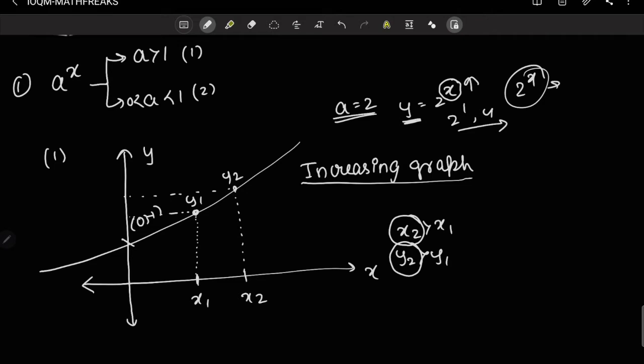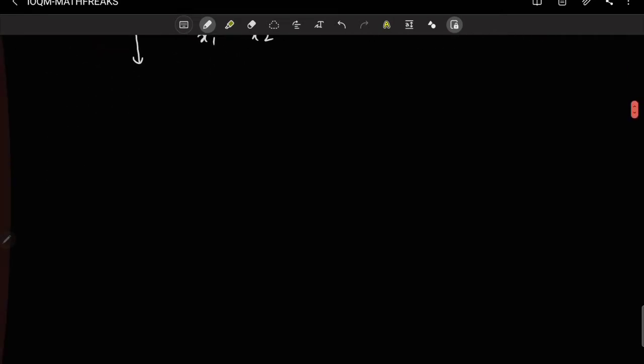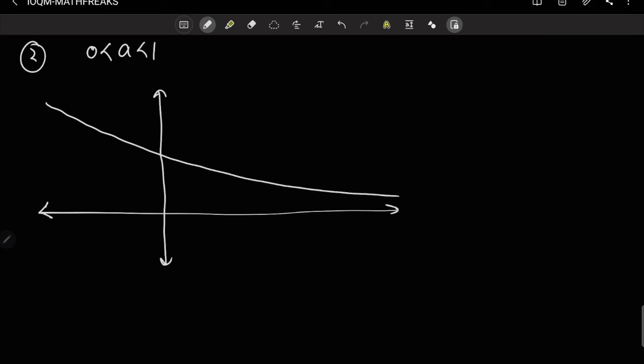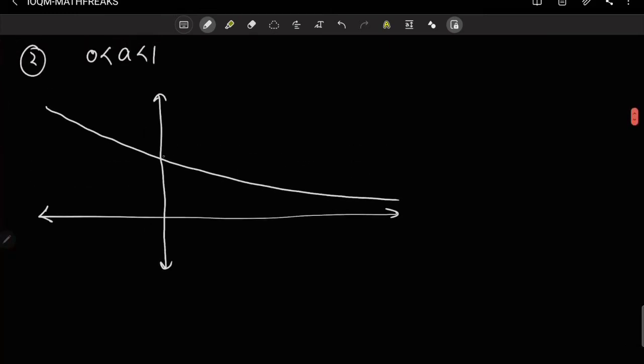Correct. Now let us move on to the second condition of a, that is a greater than 0 but less than 1. For such a condition it is also very simple. It's a decreasing graph, like this, and this is 0 comma 1 again. Now why is this decreasing? Again very simple.